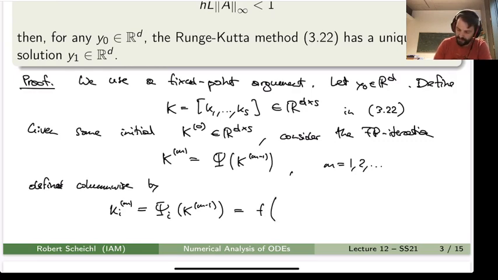So remember, it's implicit, so it depends on the value of k. So we plug in the previous iterate here. So we simply iterate the formula.